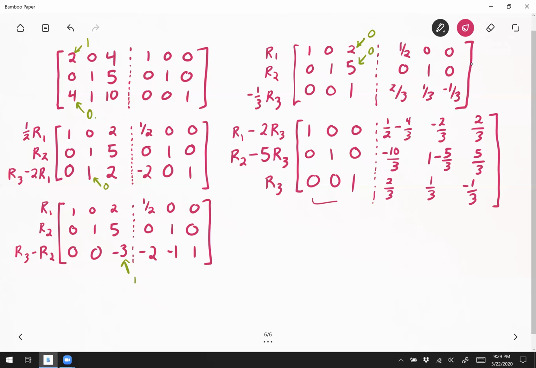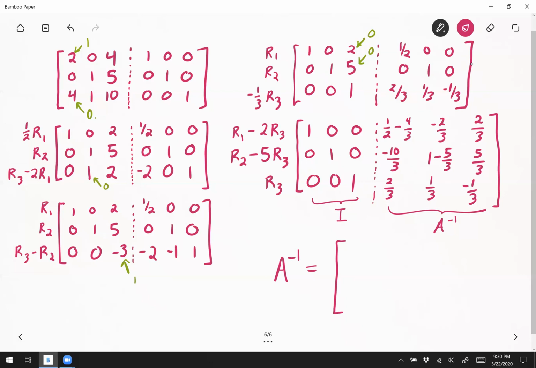Since the side on the left is the identity matrix, what remains on the right should be A inverse. Let's go ahead and write that down. Let's simplify that out. I need common denominators for some of these. So this will be 3/6 minus 8/6.